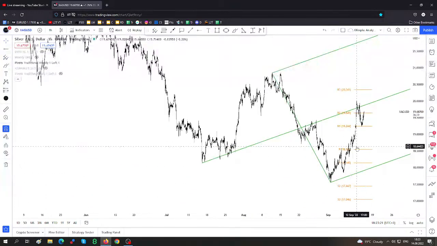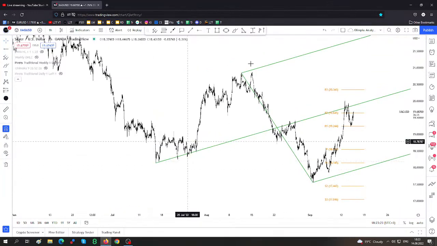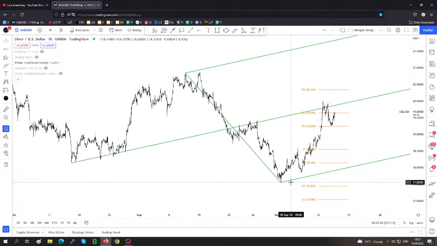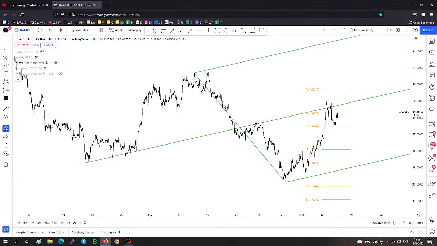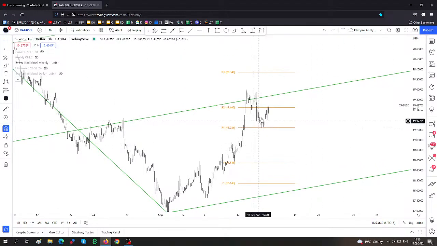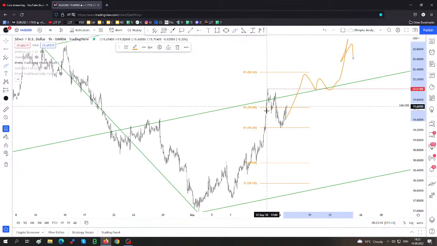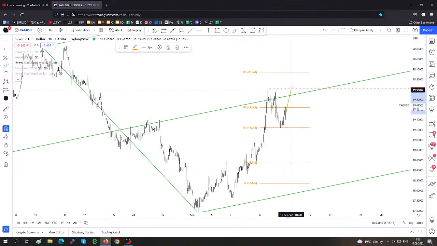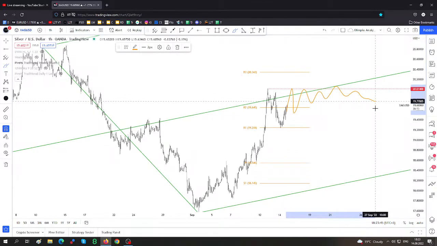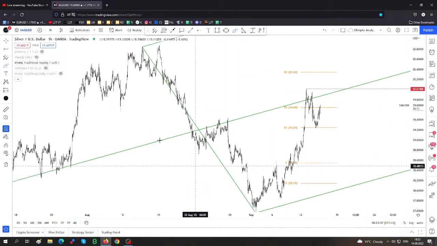Here in silver, on the ascending pitchfork 1, 2, and 3, it has found resistance right above the medium line. Right now it could come back to retest it. In my opinion, only something like this could signal potential further growth, because something like this here, retests, could signal a potential new sell-off.